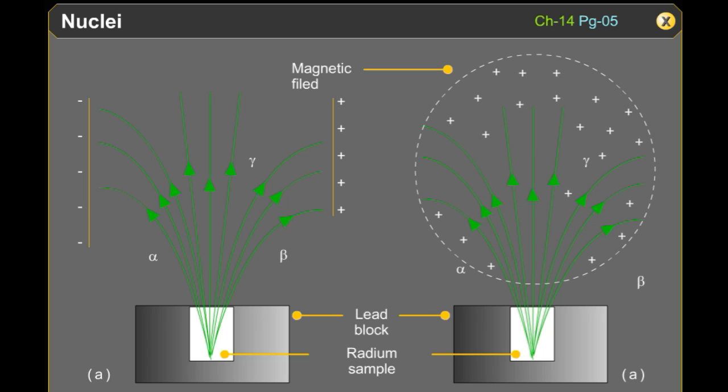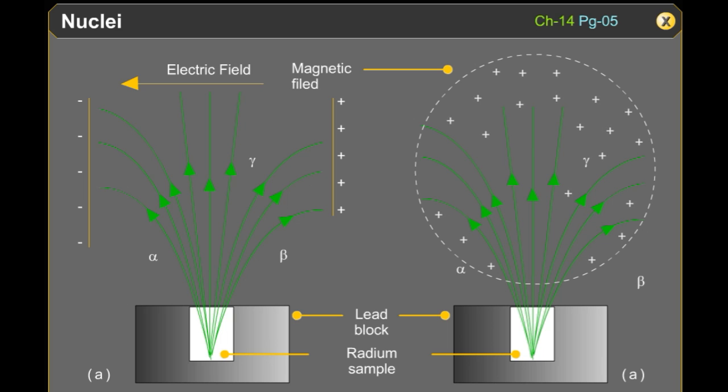The radiation coming out of the cavity is subjected to an electric field provided by two plates. Then, the alpha rays are deflected through smaller angles towards the negative plate. The beta rays are deflected through larger angles towards the positive plate.